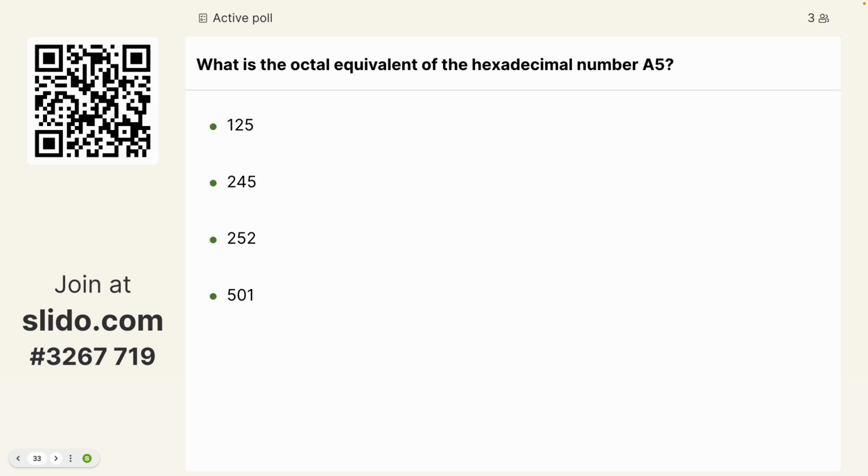So how to do that? To do that, you still need some help from the binary representation. And again, let's wait until we have 60 submissions.